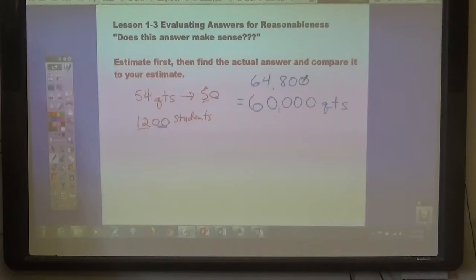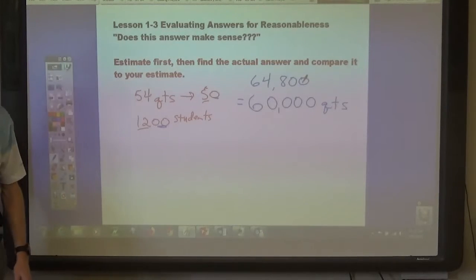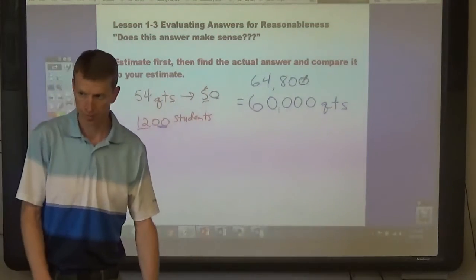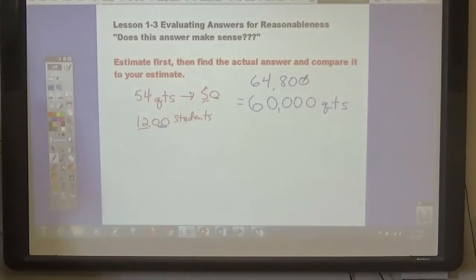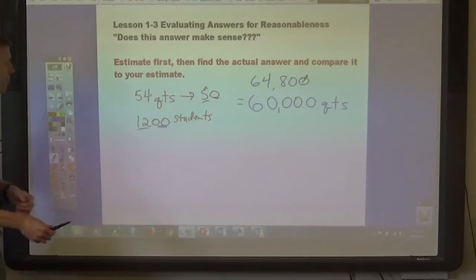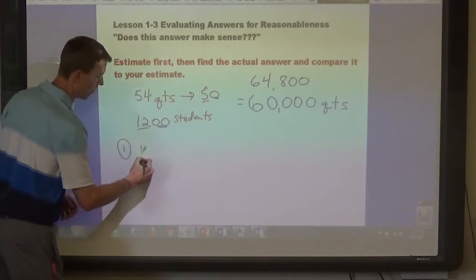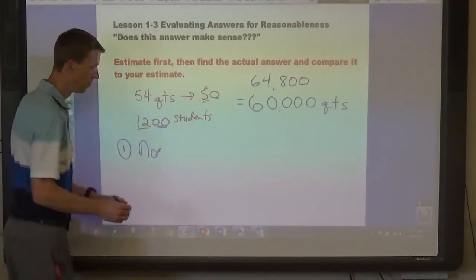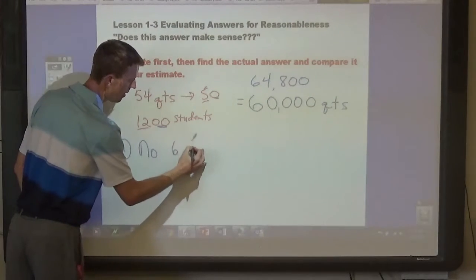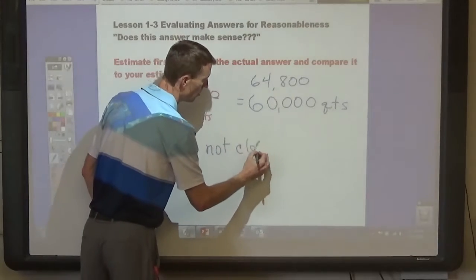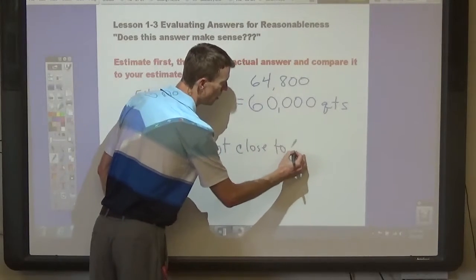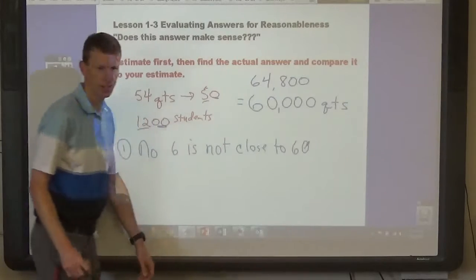So, your first answer, and put this in your homework notebook, because this is the first answer to your assignment. Number 1. No. 6 is not close to 60.